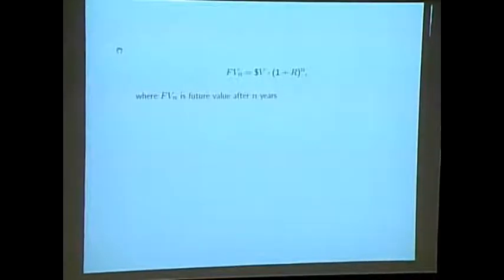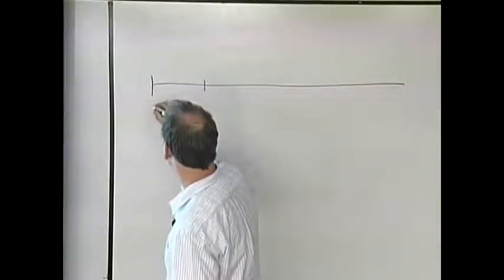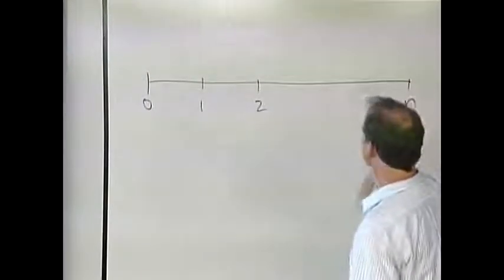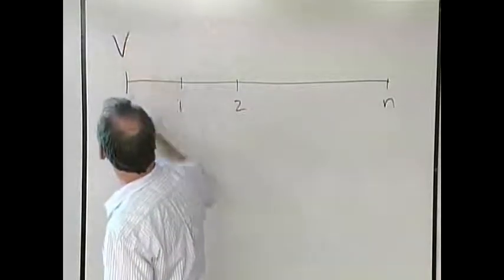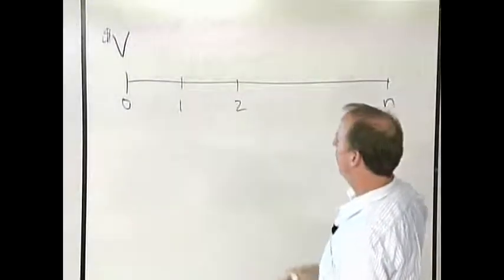That's the standard future value computation. In these kinds of problems, I like to draw a timeline that gives you what's happening to your money at different points in time. So you can have time 0, time 1, time 2, up to time N. We start with V dollars today. And what happens after 1 year?